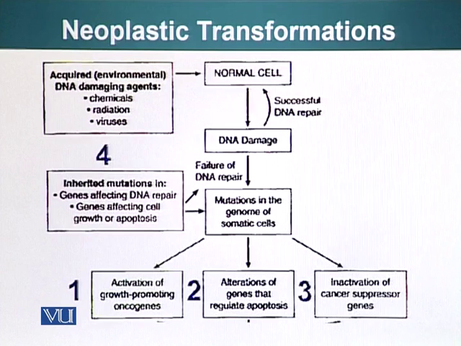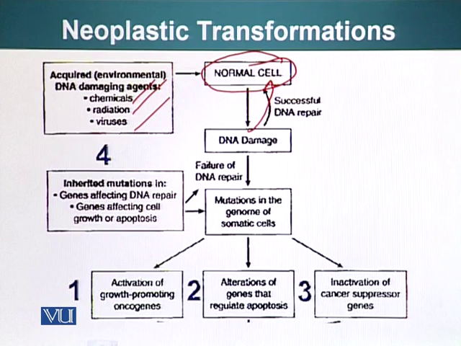So let's look at the neoplastic transformation process. Neoplasia means development of cancer. Here we have a normal cell. This normal cell, for example, gets damaged due to chemicals, radiations, or viruses. Our cellular machinery, if it does its job properly, should be able to repair DNA, and the damaged DNA becomes normal and the cell will go on living, performing its regular duties.